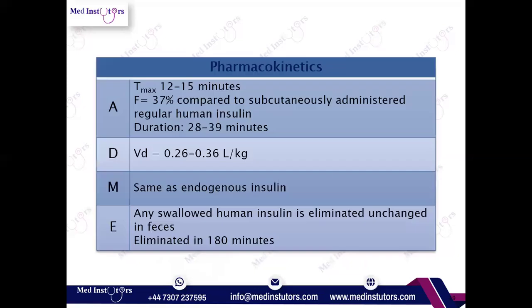So this is Afrezza. Its pharmacokinetics: you can see the absorption, distribution, metabolism, and excretion constitutes the pharmacokinetics. So it is absorbed. The F stands for bioavailability. Remember, the inhaled insulin has 37% bioavailability compared to the subcutaneously administered regular human insulin.